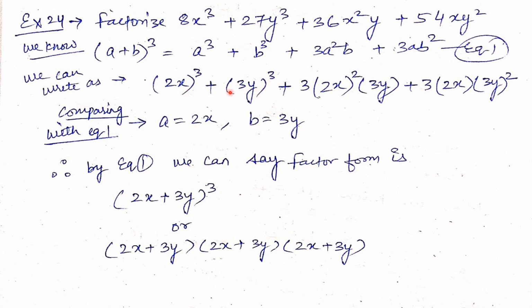Now, after getting these two, that is a and b, don't think about these things. If you see this and try to write, it will be difficult for you. The best is to just see these two and write like this: plus 3a, that is 2x square, into b. If you solve it, you will obviously get this number, plus 3, what is a? 2x, b square, b is 3y, like this.